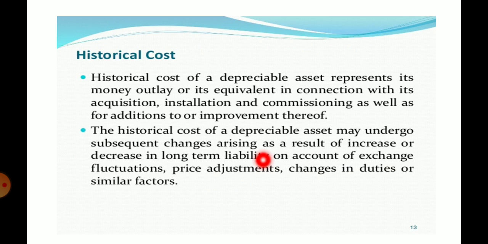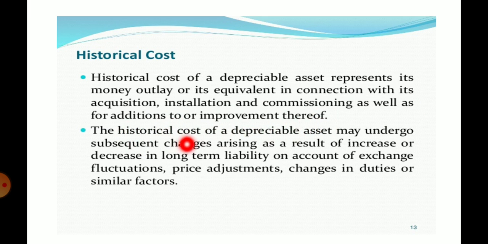What is historical cost? As in the second chapter, you have already studied the historical cost. The historical cost of the depreciable asset represents its money outlay or its equivalent in connection with its acquisition, installation and commissioning as well as for additions or improvements thereof.